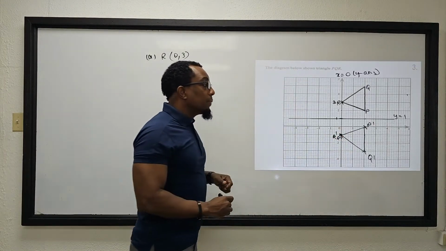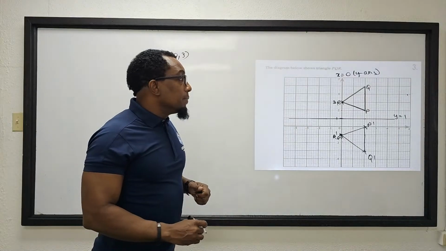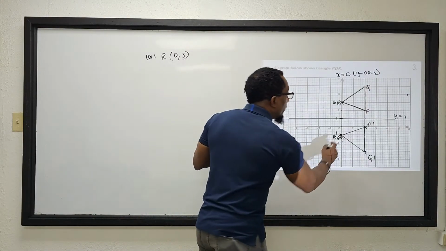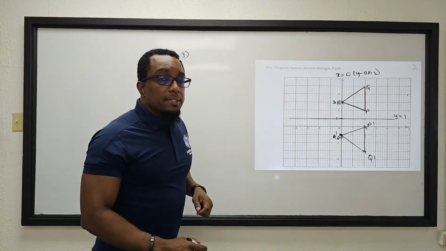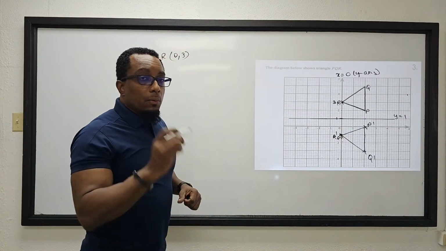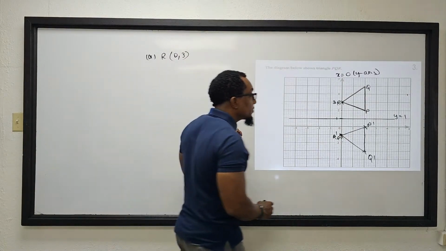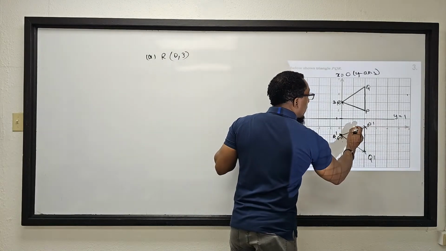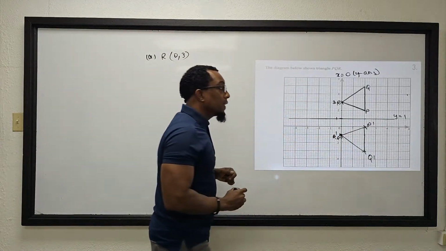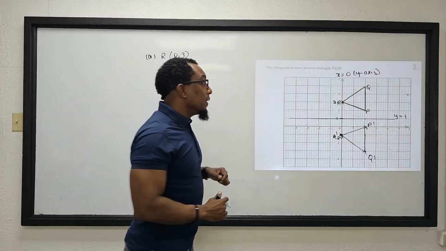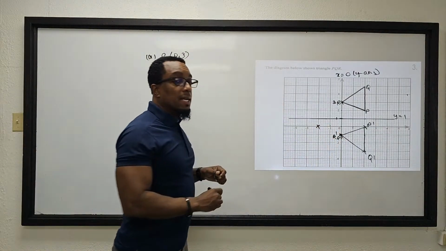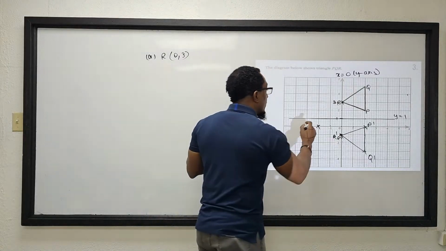Both R prime and R double prime will be at that point, which is 0, negative 1 on the y-axis. So let's reflect P prime and Q prime. I'm going to count. This will be 1, 2, so 2 units from the object to the mirror line, and it's going to be 2 units from the mirror line to the image. That will give us P double prime.